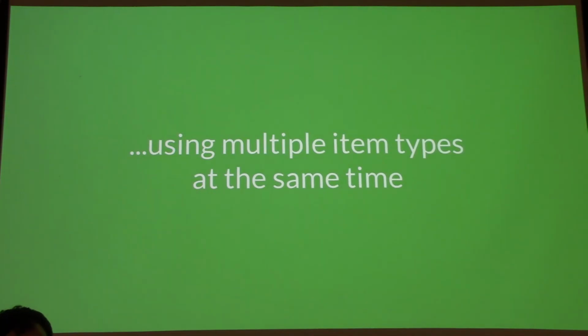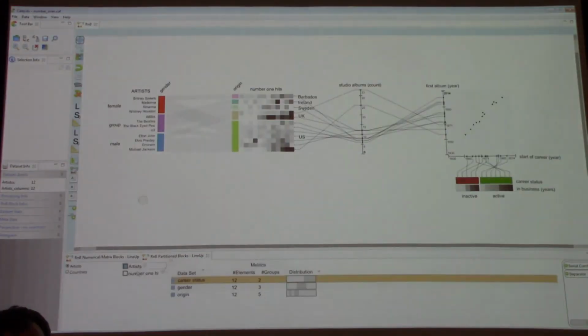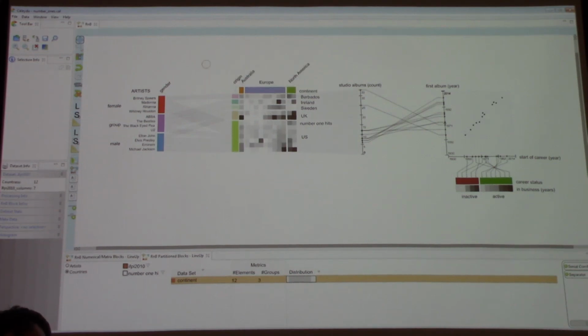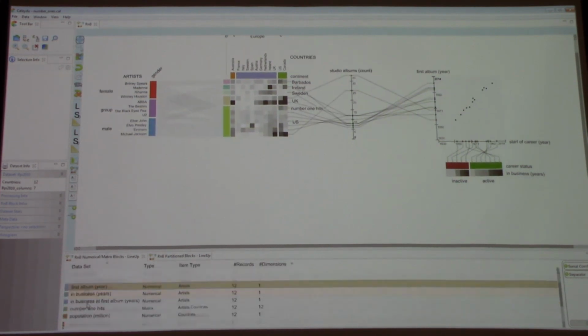This works not only for artists but also for countries at the same time. So in this case now, this is partitioned by continent.